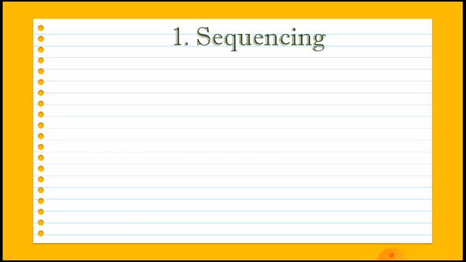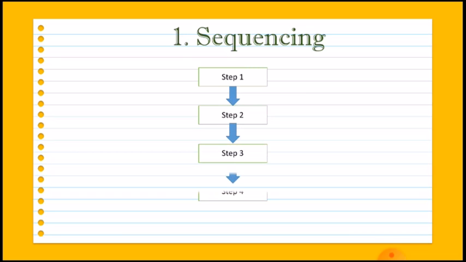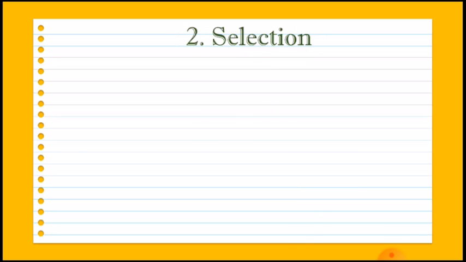So basically here the control of the algorithm will be in sequence. The second type is selection. In selection, at a particular position, depending on a condition, one step will execute and another step will be skipped. That means suppose there is a condition, and depending on whether the condition is true or false, one step will execute and the other step will not execute.